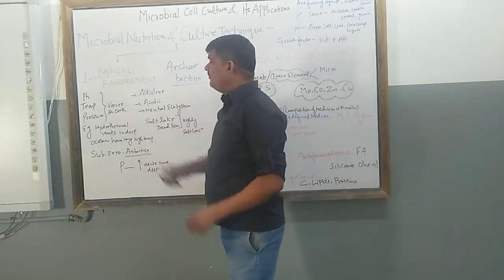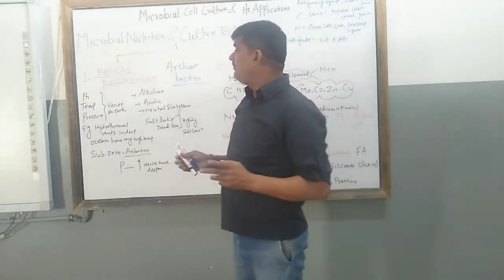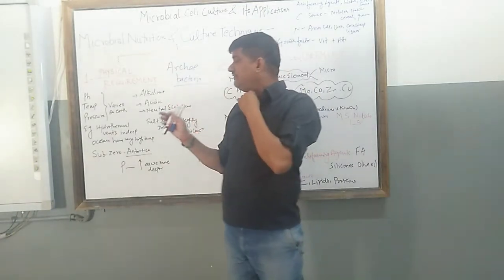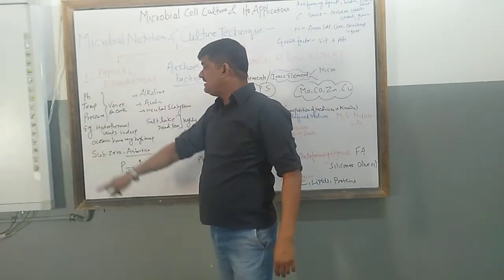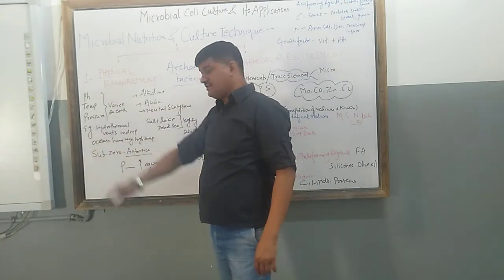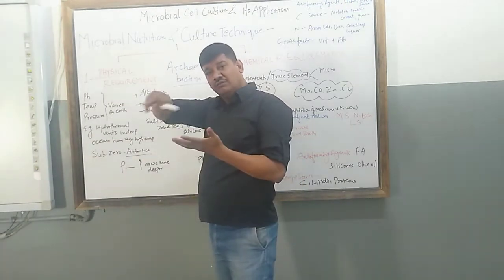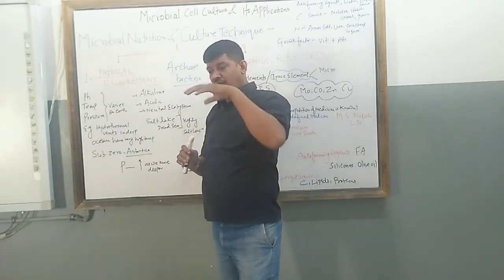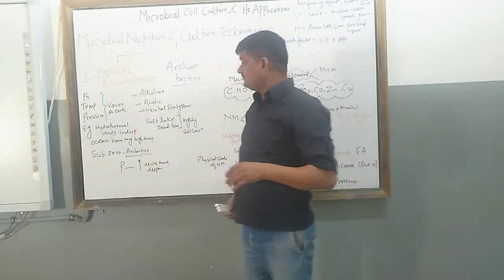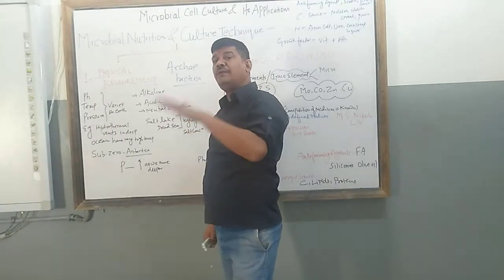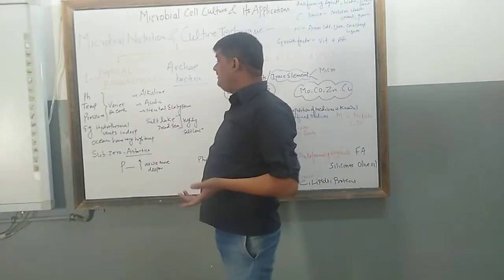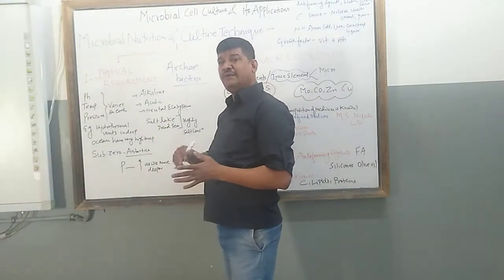So keeping this in mind, we would like to know the basic requirements for the physical culturing of that microorganism. The first are pH, temperature, and pressure, and as I already told you, all these vary when we move from plain to deep ocean, or when we are in hilly regions. So there are climatic changes.